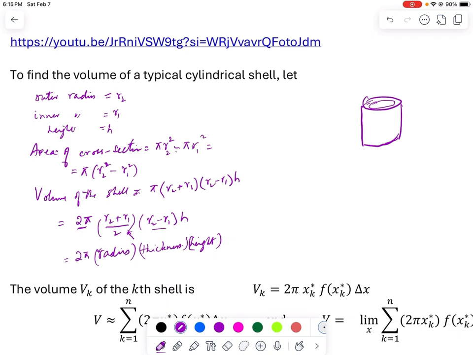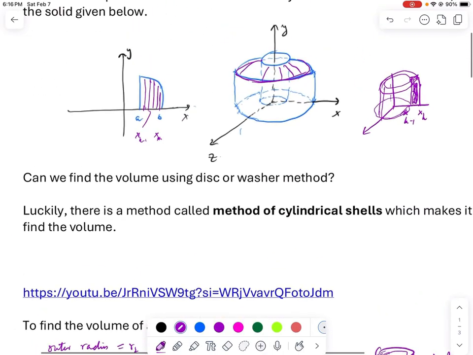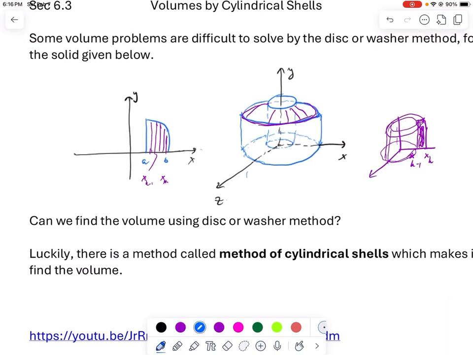What happens when we have our function case?